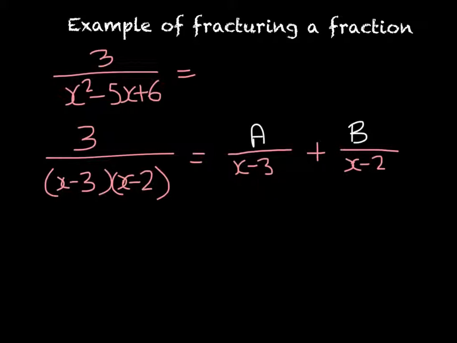So how are we going to find out what a and b are? Well, if we were given this expression to start with, we could change it into one fraction by multiplying out.